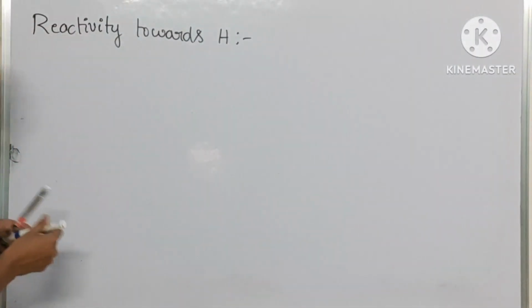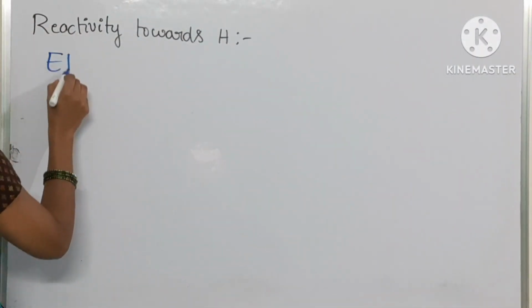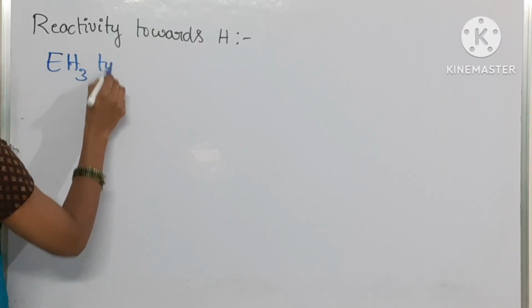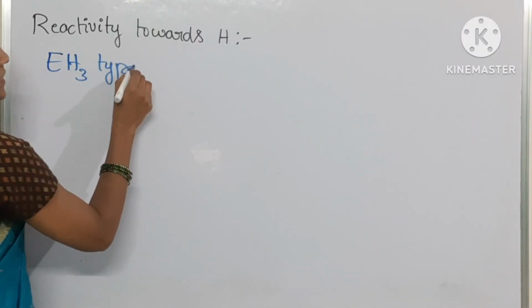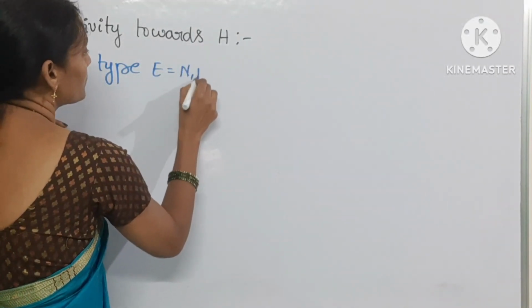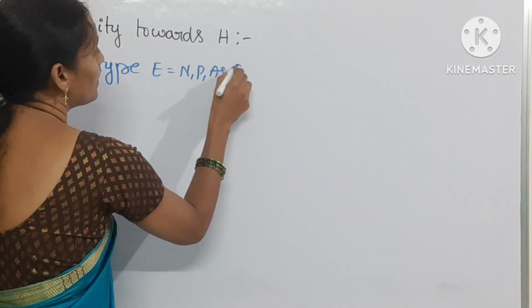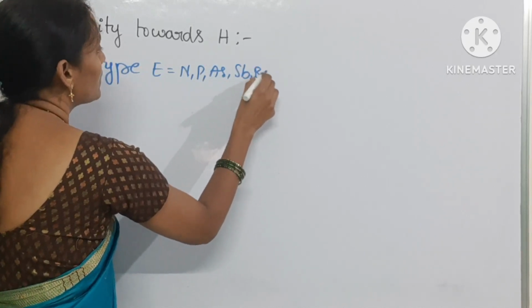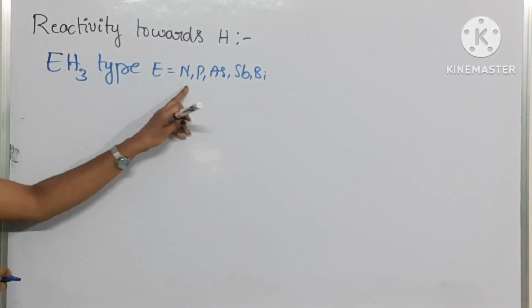Which type of hydrides are formed here? EH3 type hydrides will form. Here E is nothing but a 5A group element: nitrogen, phosphorus, arsenic, antimony and bismuth. Instead of E you can write these elements.